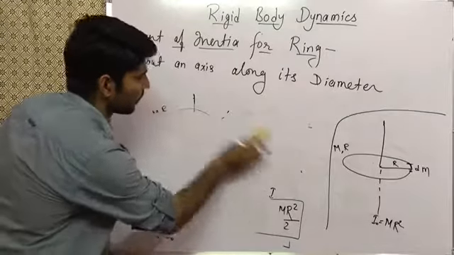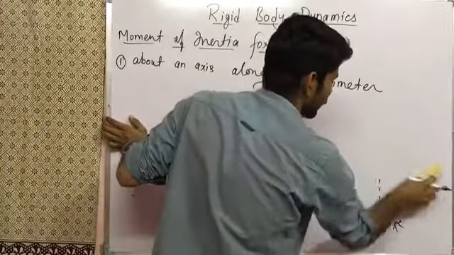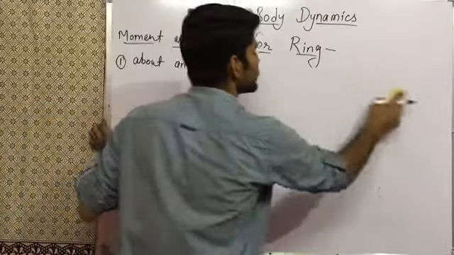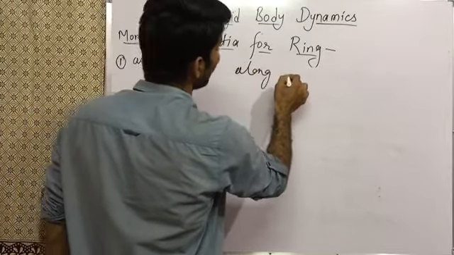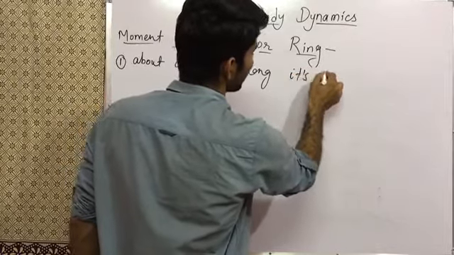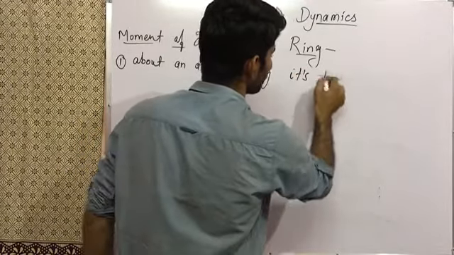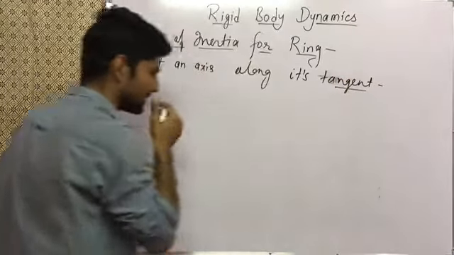Now we will derive the formula for the moment of inertia for a ring about an axis along its tangent.